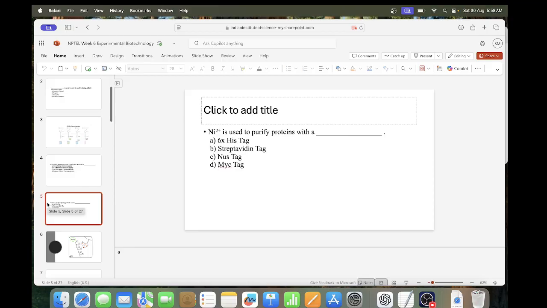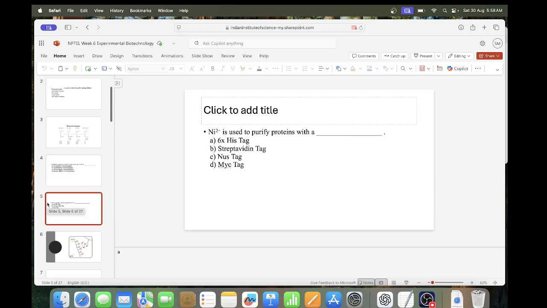Okay, we learned that a 6x cysteine tag can be used for purifying proteins with nickel beads. Streptavidin is something that can be selectively bound to biotin. There is this process called biotinylation, where whatever molecule of interest can be attached covalently with biotin.